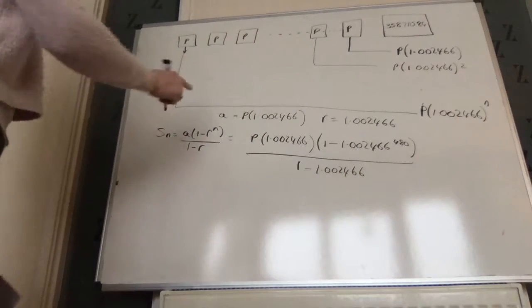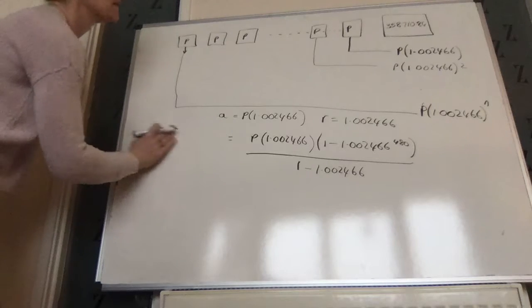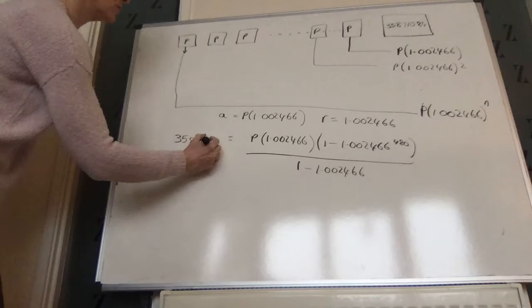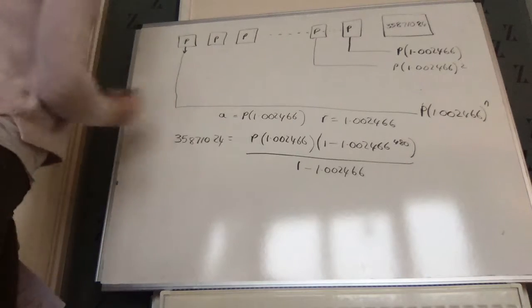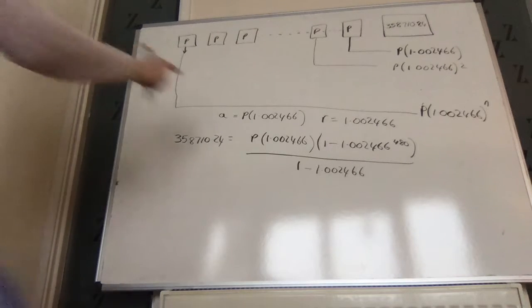Okay, now we want that sum to be equal to 358,710.24. And we need to figure out what P has to be.